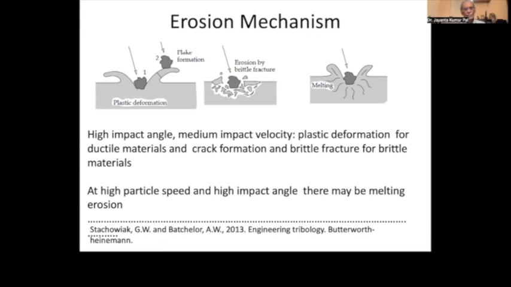So plastic deformation, if the impact angle is high and the impact velocity is medium, for ductile materials, and for brittle materials, this will produce cracks. So with a high impact angle and medium impact velocity, it will be plastic deformation for ductile material and brittle fracture for brittle material.